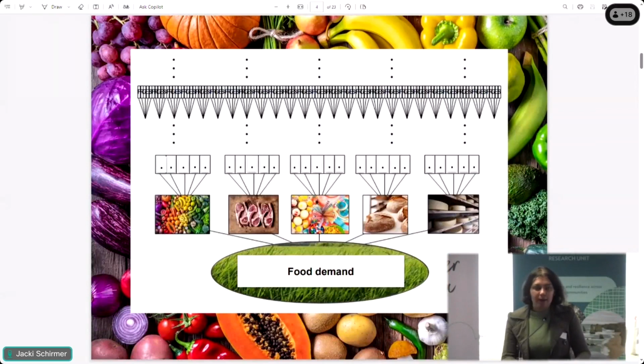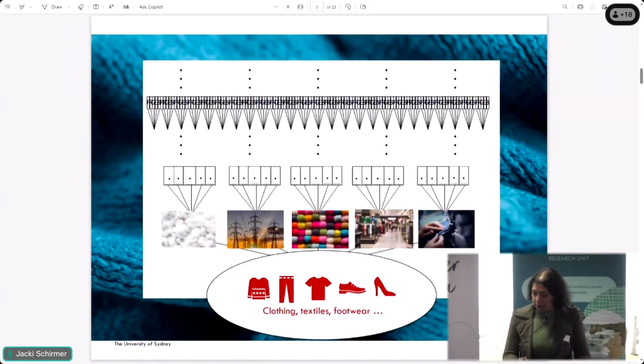So food demand is one example. So food is, of course, such a broad category, which can mean all sorts of things. It can mean fruits, vegetables, meat products, condiments, bread, cheese, etc. And each of these are pretty unique, and they all have their unique supply chains. Clothing, textiles, footwear, if you think about it, international supply chains produced in different countries around the world.